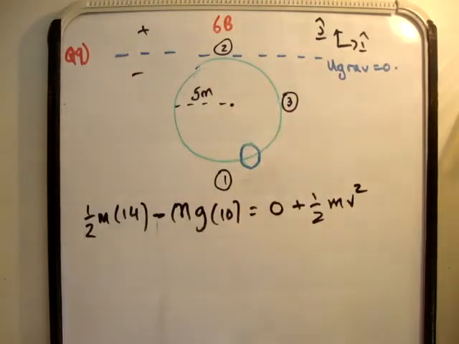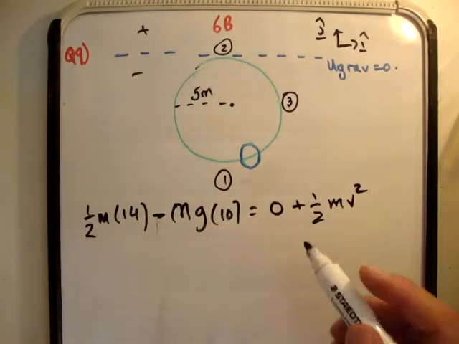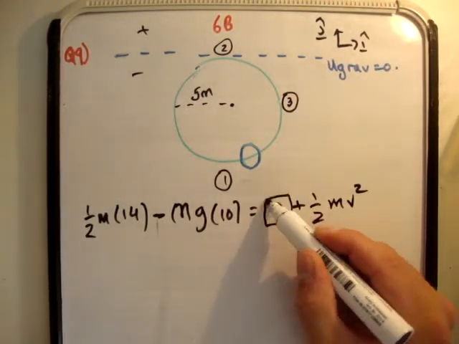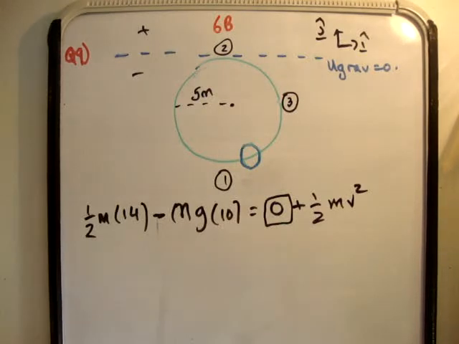Because at point 2 the potential energy is equal to 0. I know I'm getting my potentials and kinetics confused, so please bear with me.